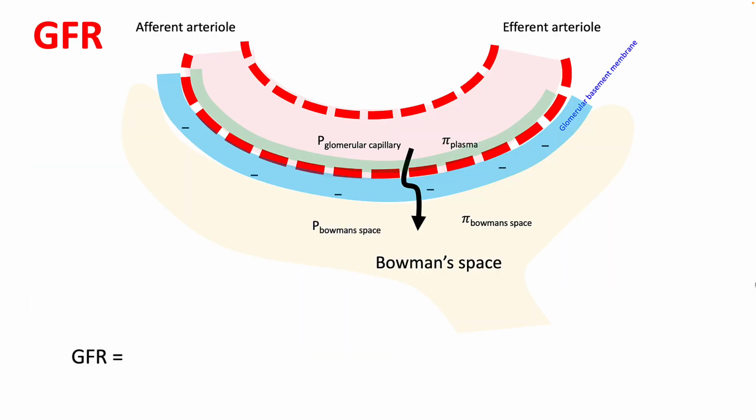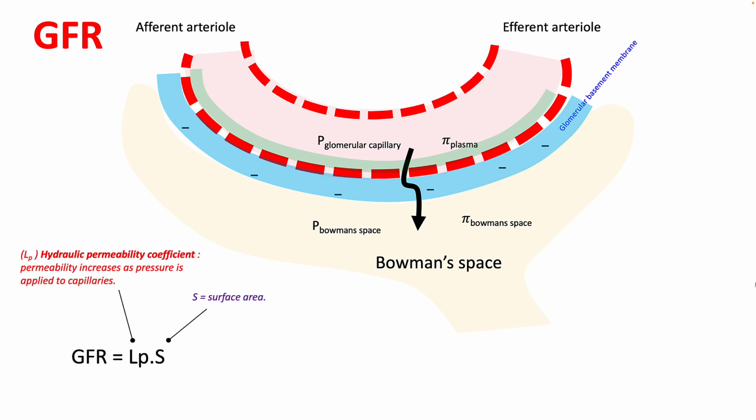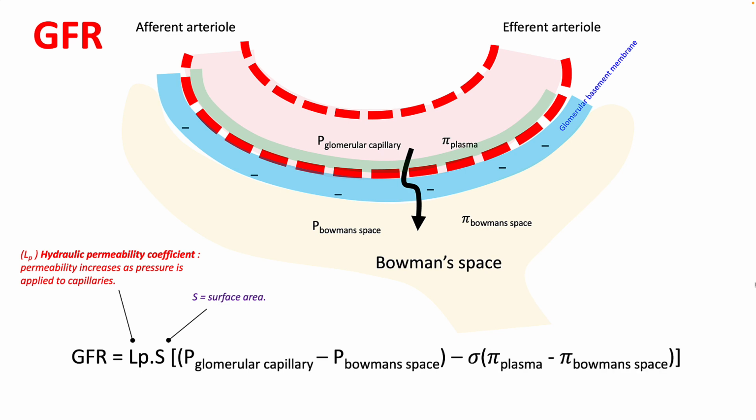GFR, like in any other capillary bed, depends upon your hydraulic permeability coefficient and surface area multiplied by the hydrostatic pressure gradient, in this case glomerular capillary pressure minus Bowman space, and difference in oncotic pressure between plasma and Bowman space. Since Starling reflection coefficient of proteins is 1 in glomeruli, there is hardly any protein in Bowman space.